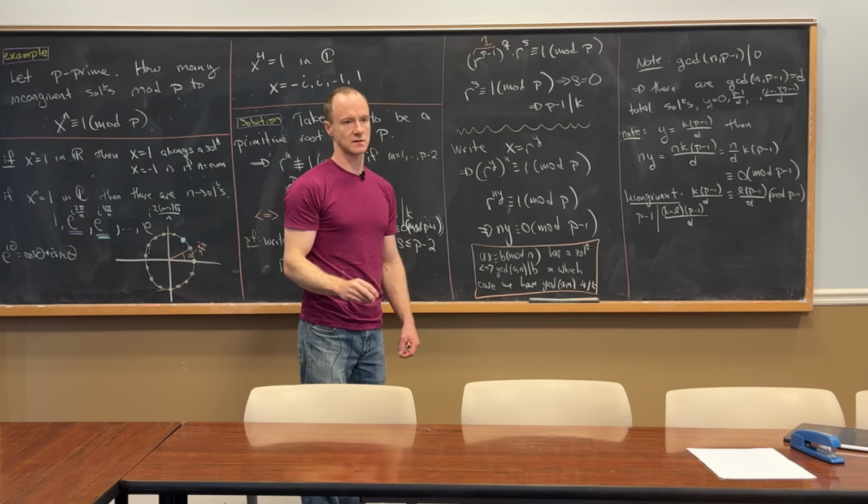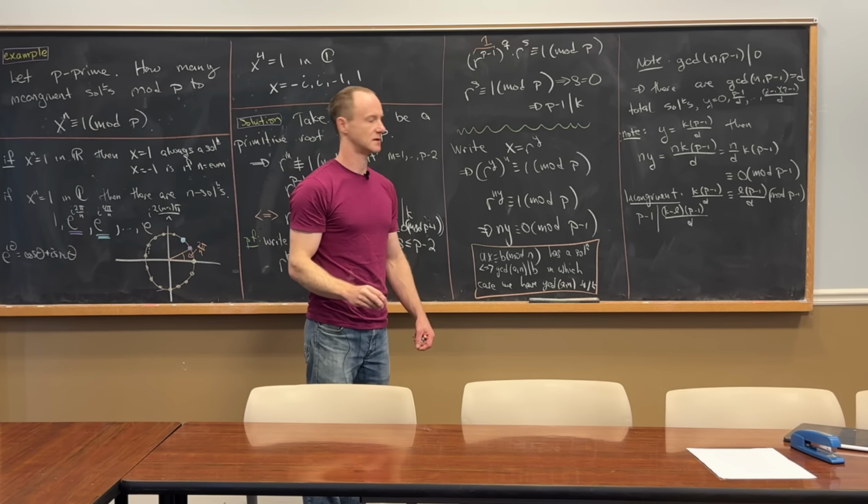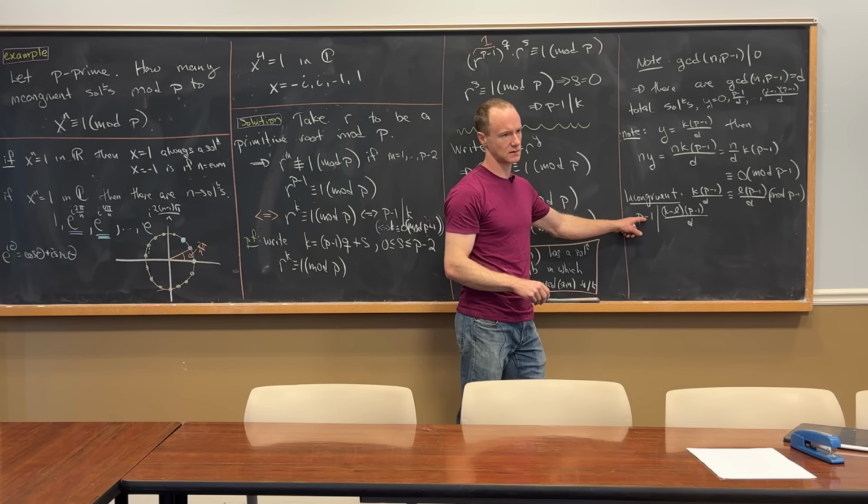Now, p minus 1 over D is an integer, and it's coprime to p minus 1, just because you're dividing out the GCD.